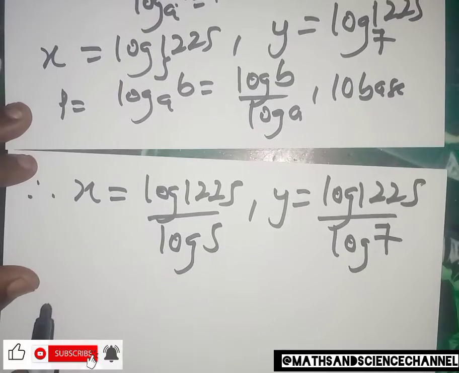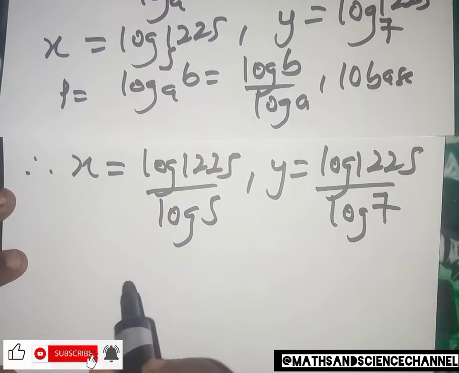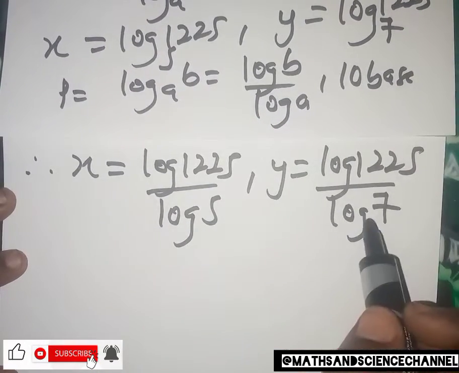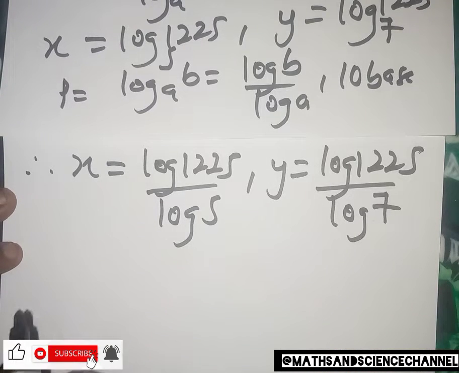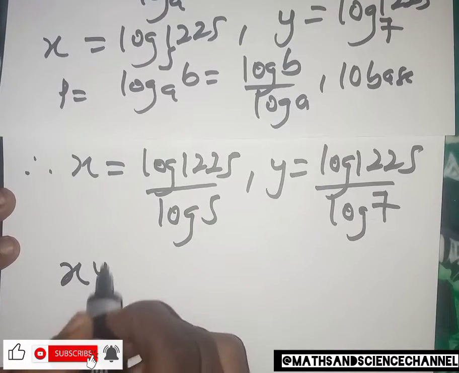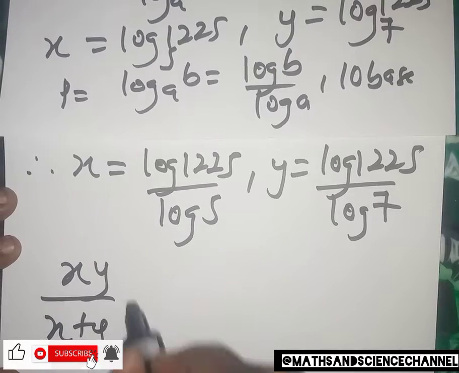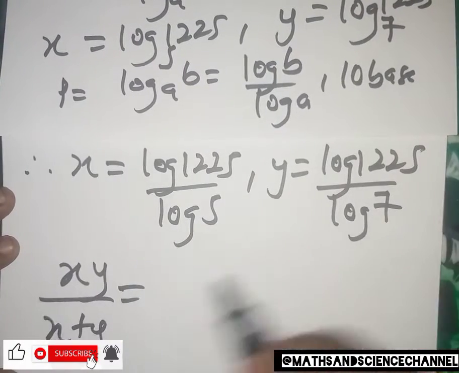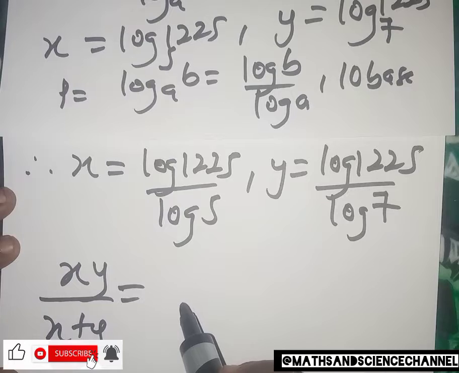Now this is what we have so far. Remember the question asks for xy divided by x plus y. So we are going to just substitute that into it and then solve from here.